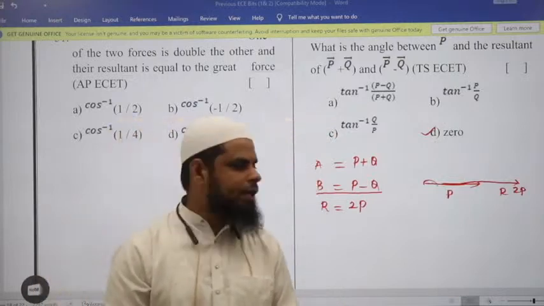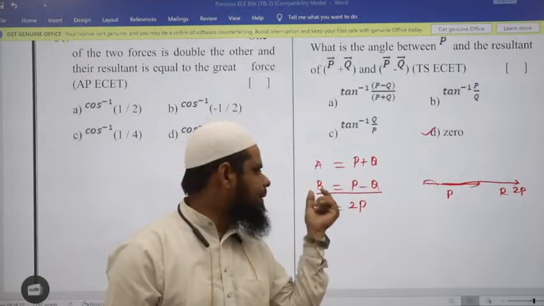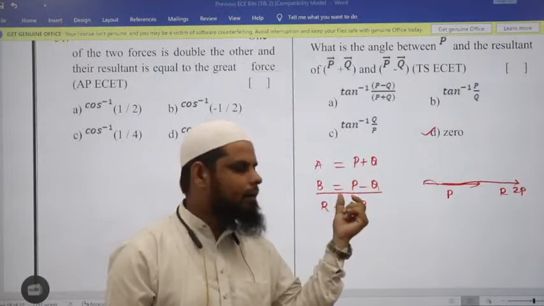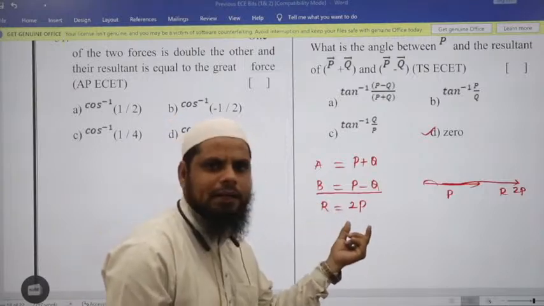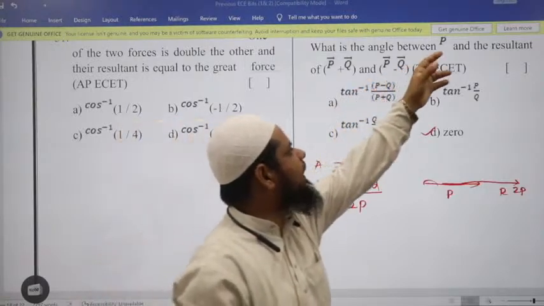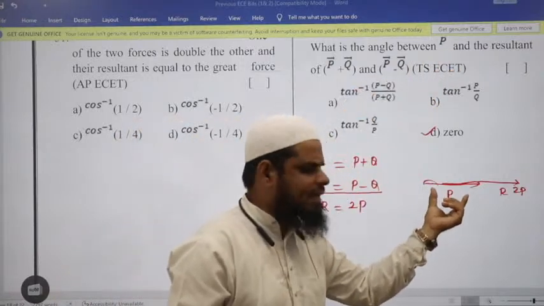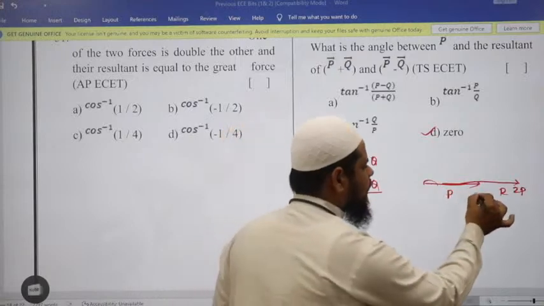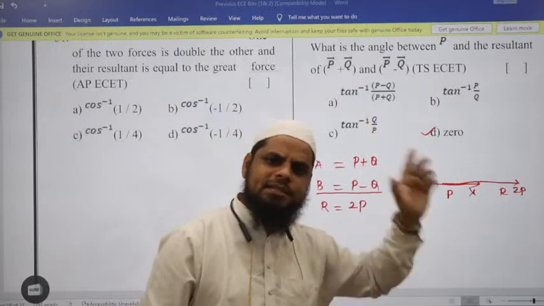So, are you able to understand? Look at this. A is given as P plus Q and B is given as P minus Q. The resultant is 2P. Now this resultant is making some angle with P. What is that angle he is asking? If P is considered as the x-axis, 2P will be on the x-axis itself.